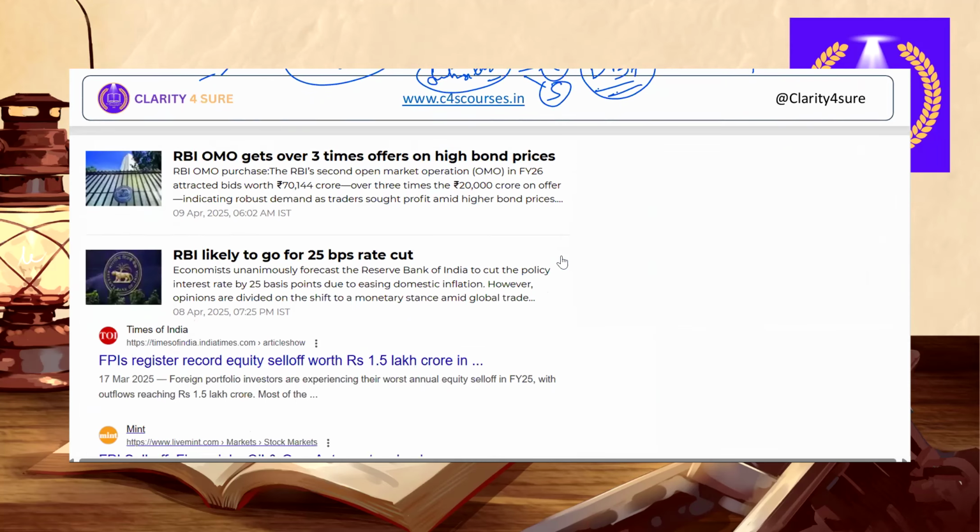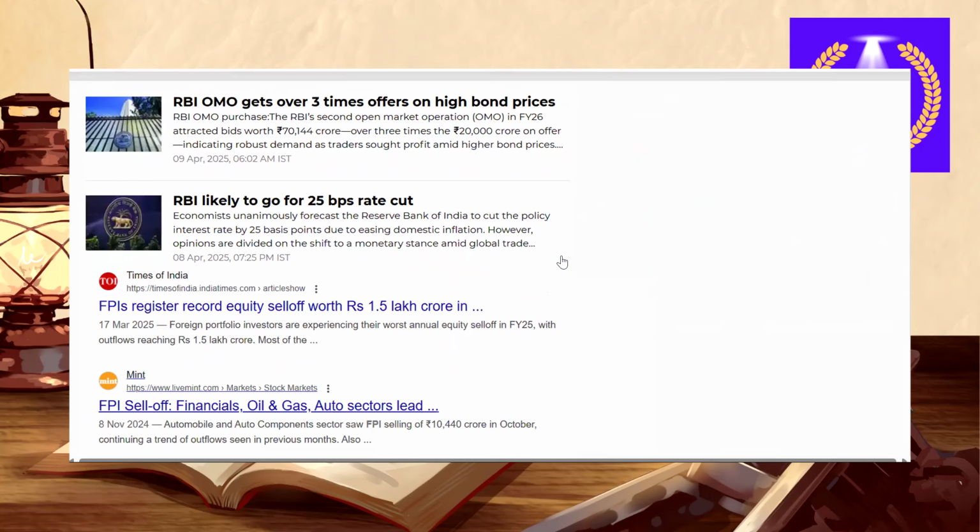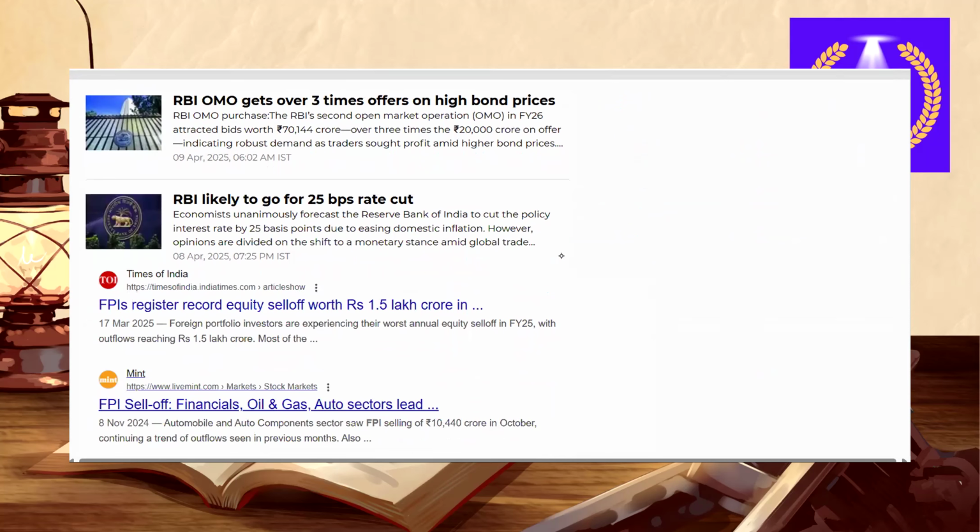Chalo. So there is more news. Recently RBI has done open market operations and reduced the repo rate. Why has it reduced this? What are the key decisions that the US has undertaken? How much reciprocal tariff has the US implemented for India?